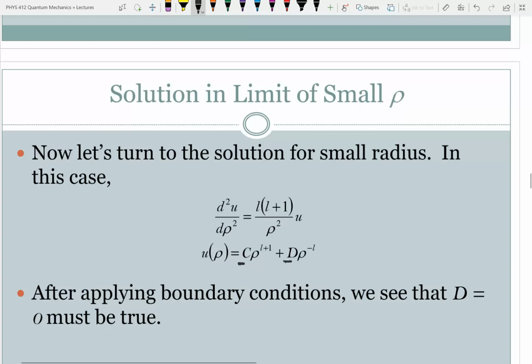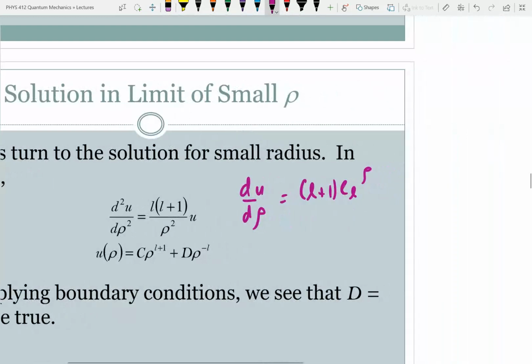Let's just check this, because we're not in differential equations class. I know you're in it and you probably have done this, but just to check it.